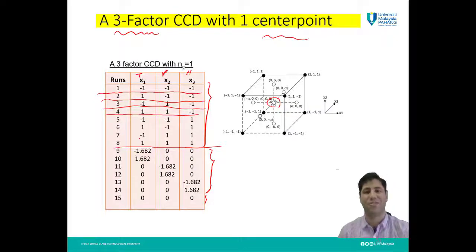So we have extreme low, low, medium, high, and extreme high levels for each of these factors. Here we have 15 runs. We need to run our experiment for these 15 runs at different factor levels, find the response for them, and then we can develop that second order model which can be used for optimization.